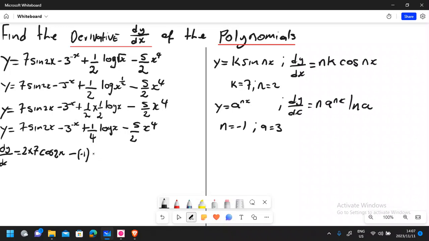Our a is going to be 3, and then we have n, which is -1, and x. Then multiply by natural log, and then base 3. That's it. So what we did here, we just substituted this formula here. I hope you guys can see, because it's a lot that is happening here. That's why I'm taking my time. I'm a bit slow about it. Okay, I'm taking my time.